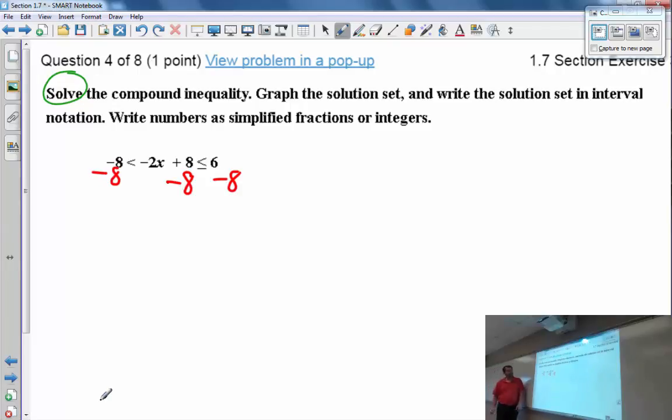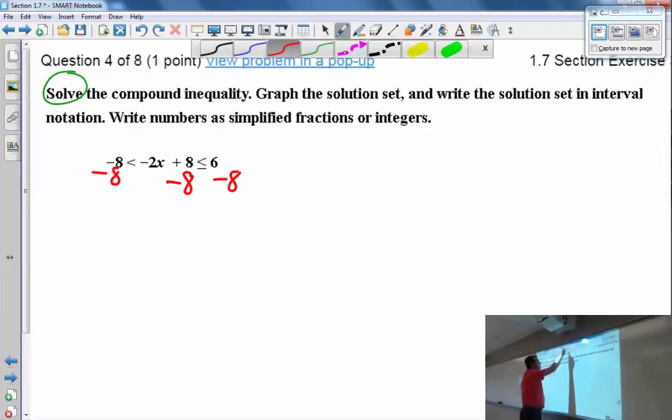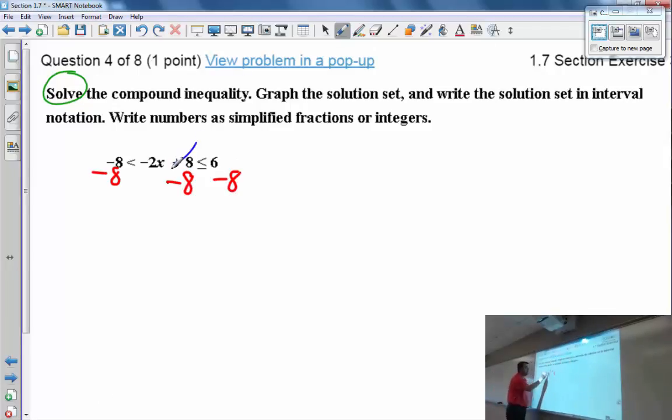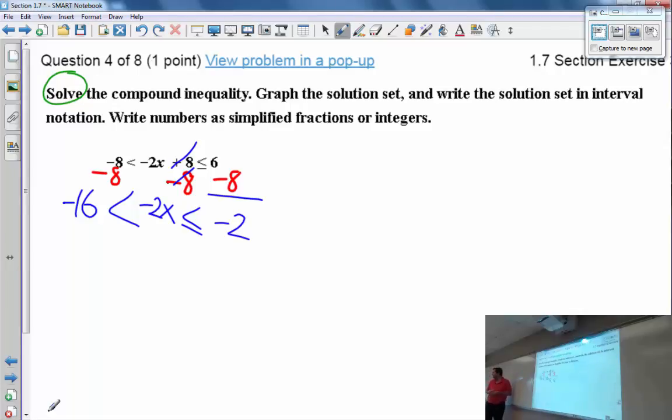Now next, cancel. Cancel, add. So these are canceling. These are adding: 6 plus -8 is -2. -2x is the only thing in the middle. And what is happening here? They cancel? No, they add into -16. Right? Agree?